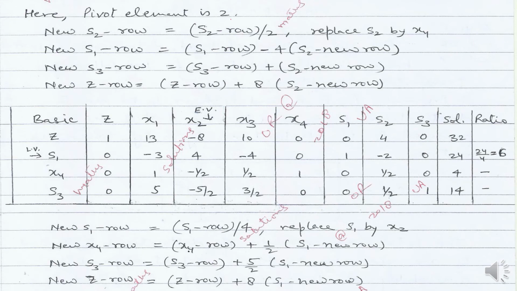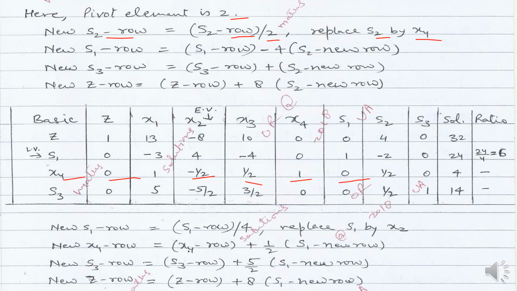Pivot element is 2, so we will divide the pivot row by 2, that is the new S2 row we obtained by dividing the S2 row by the pivot element, and we replace S2 by x4. So we got here x4, and we got these elements after dividing by 2.